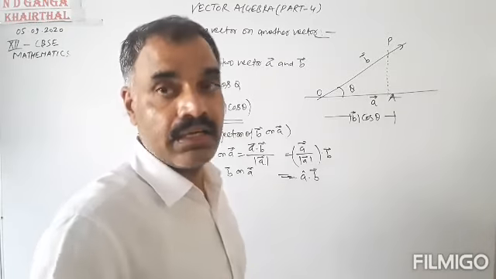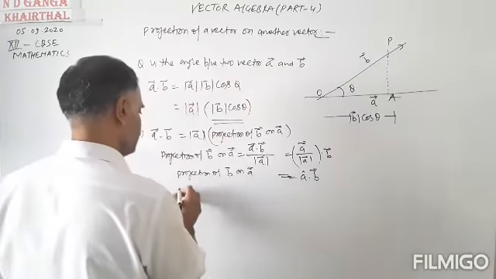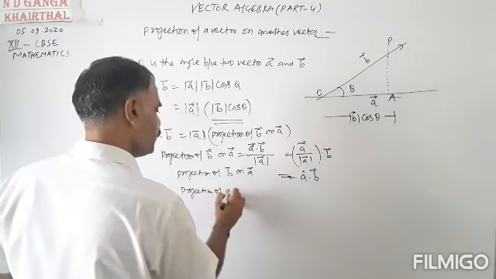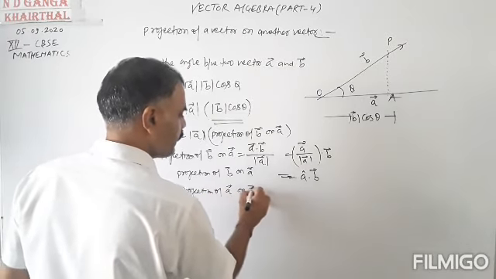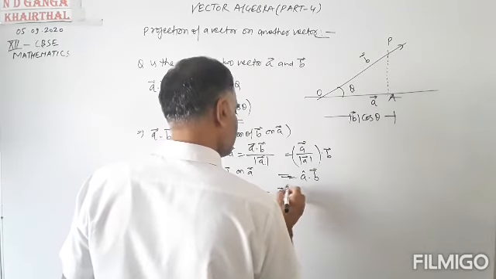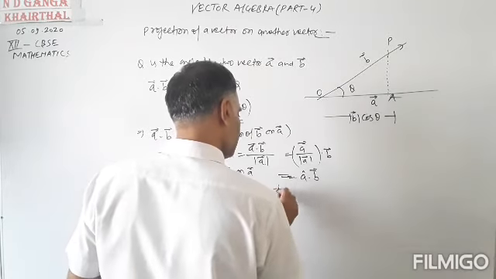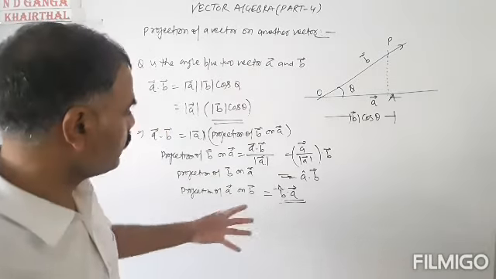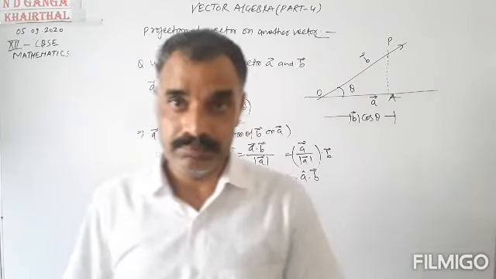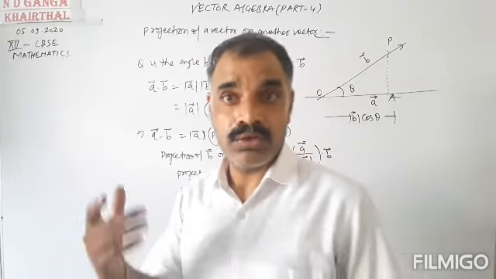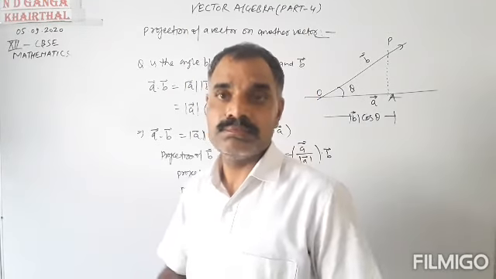Now if we take the reverse relation, meaning the projection of A vector on B vector, then it can be written down as B cap dot A vector. This is the projection of A vector on B vector. So this was all about the projection.